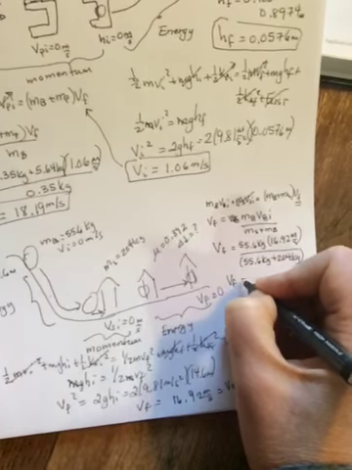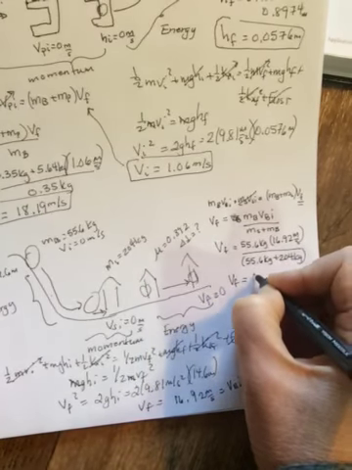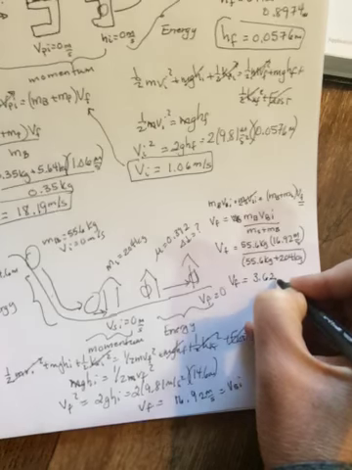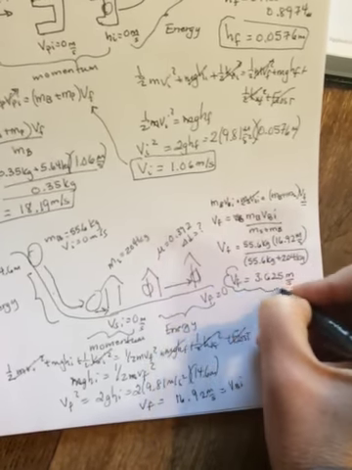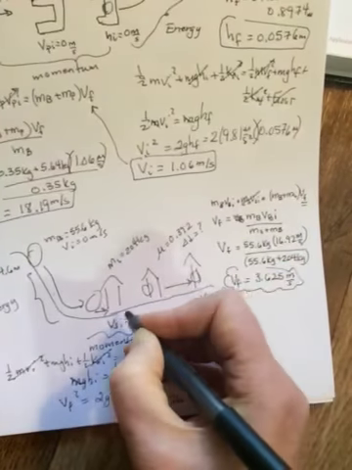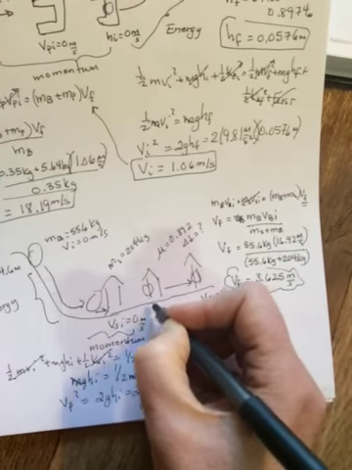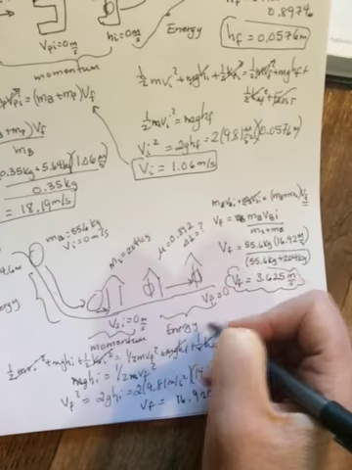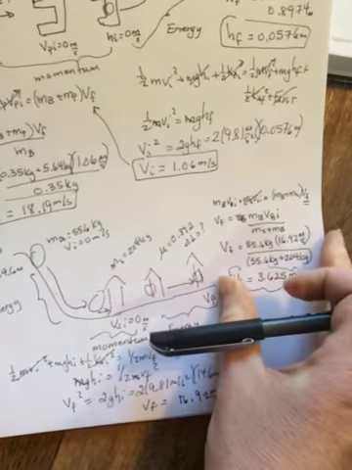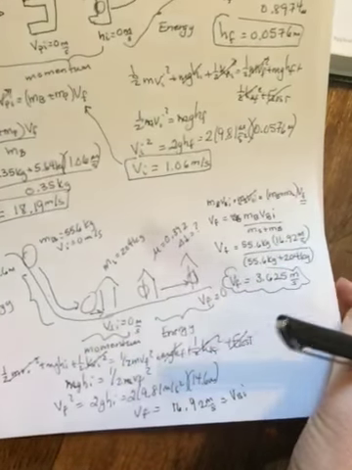V final equals 3.625 meters per second. So this is the velocity with which the boulder and the shack, after the collision, begin to slide across the ice, so that it becomes our initial velocity for the last step, which is energy.